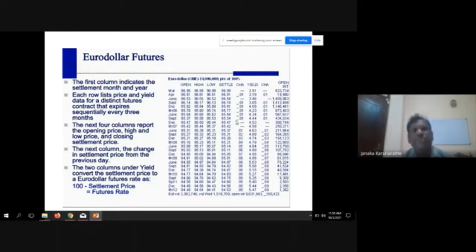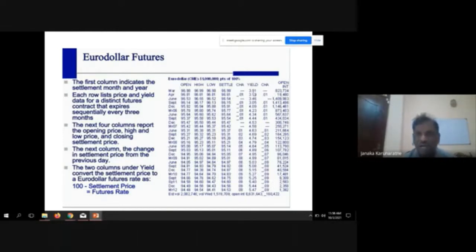So with that, you bankers can have an option to trade in futures markets as a risk management tool, right? So I think it may be useful that you understand the concept, and how this trading will take place. So it's open, high, low, and the settlement price.